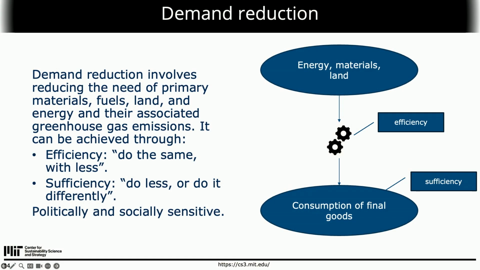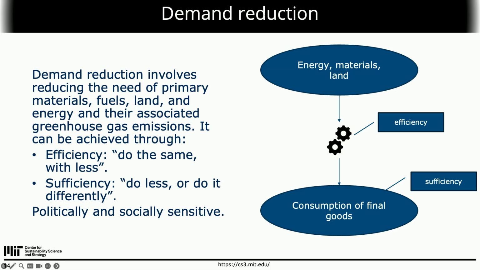And we can also have an impact on the demand. There are two ways to have an impact on the demand. Demand reduction involves reducing the need of primary materials, fuels, land, and energy, and their associated greenhouse gas emissions. We can do it either by efficiency or sufficiency. Efficiency is really like we do the same, but we want to use less materials, energy, and land to satisfy this need.